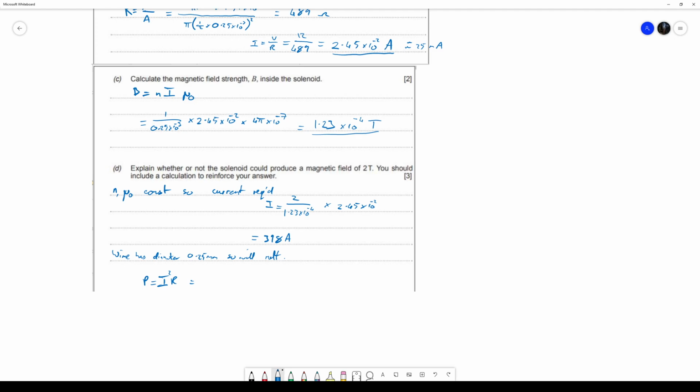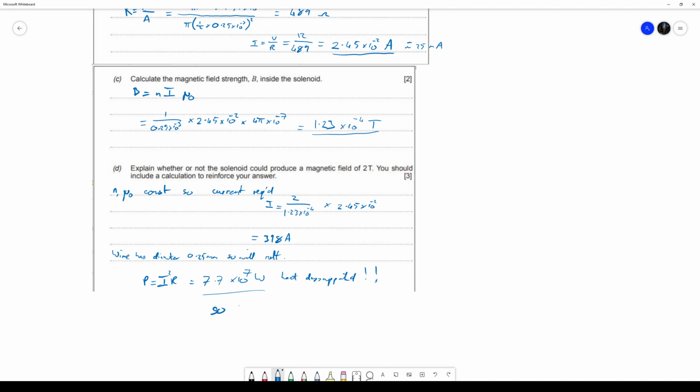Yeah, that is a lot. 7.7 times 10 to the 7 watts of heat dissipated. That is a vast amount. So there's no way, so no.